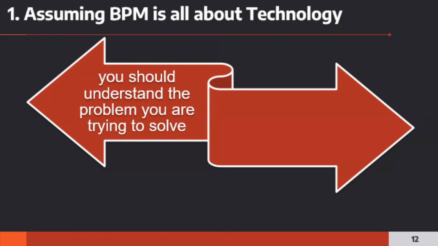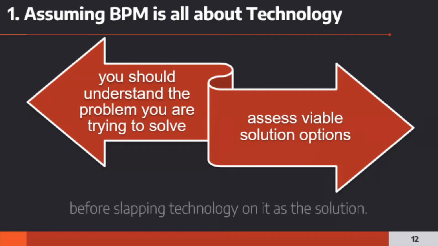Is the problem really technology based 100%? At the same time, you need to assess the viable solution options. Okay, what are my available options when solving this problem, rather than jumping right away into technology and using that as your ace in thinking that that is the solution to the problem.